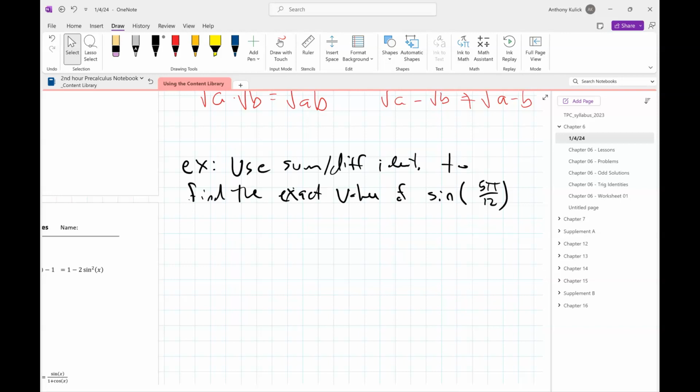It's not in degrees, it's in radians. Yeah, that would be my suggestion to you, is convert that radian measure into degrees. What do I need to do to change 5 pi over 12 into degrees? Multiply by 180 over pi.